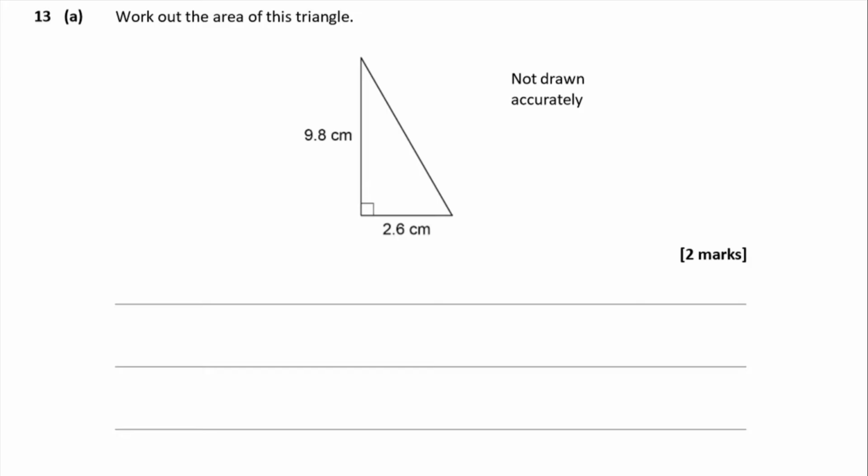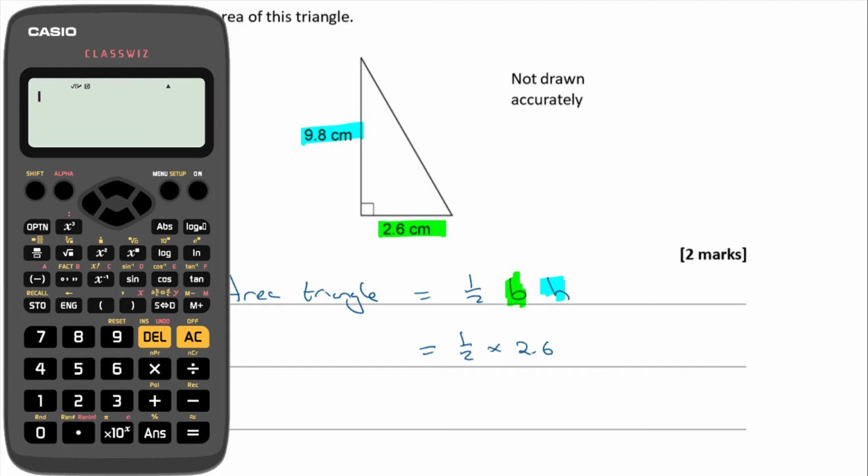Question 13, work out the area of this triangle. Okay, so I've got 9.8 centimeters tall and 2.6 centimeters wide. Now I know the formula for area of a triangle. It's half base times height, isn't it? So the base is this line here, it's 2.6, and my height is this one here, it's 9.8.